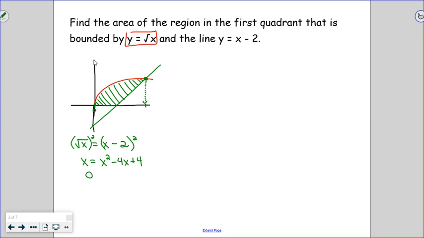To solve a quadratic, we need it equal to 0, so I would subtract that x over. It is still factorable, though. It does change our factors, but what are the factors of 4 that add up to negative 5? Negative 1 and negative 4.